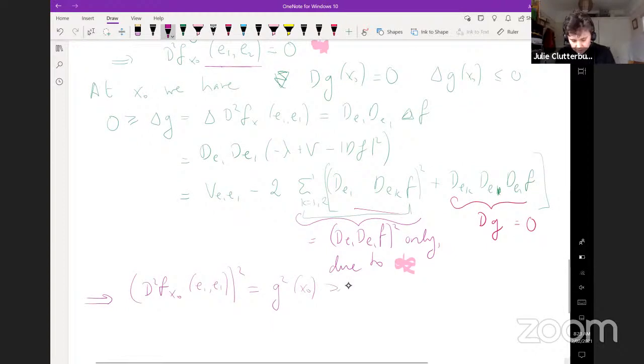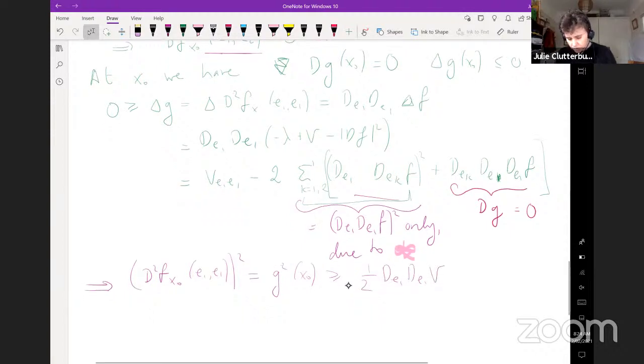This is always going to be greater than VE1, so the second derivatives of the potential. And we can bound this by writing this as the minimum of V.